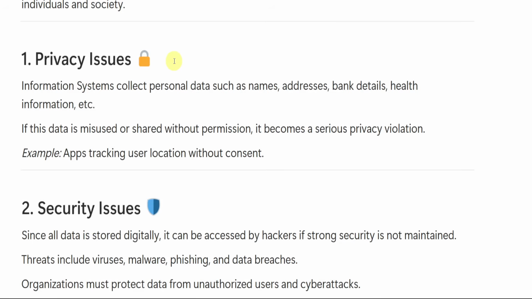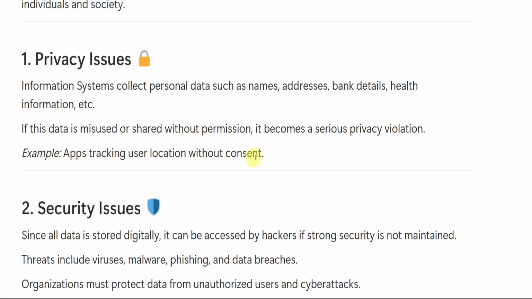For example, a mobile app tracking your location even when you did not allow it is a privacy issue. Your information is getting distributed among many people, so it becomes a privacy violation when the information is misused without permission.